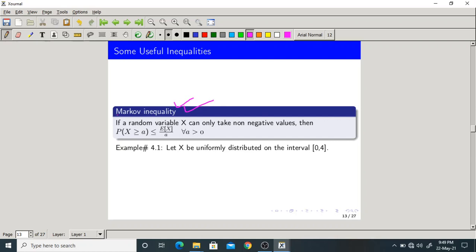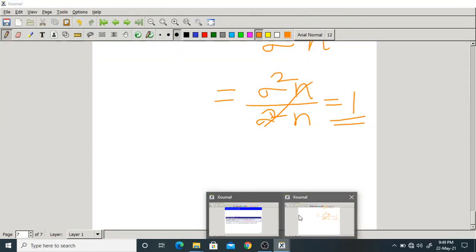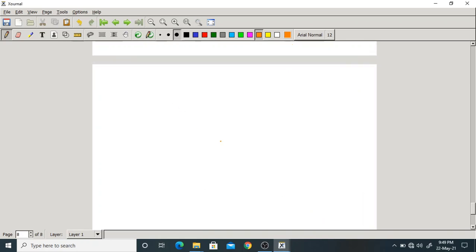If a random variable x can take non-negative values, then the probability that x is greater than or equal to a is less than or equal to the expectation of x divided by a, for all a greater than 0. Inequality means something is greater than or less than something. So x is a random variable which takes on non-negative values.